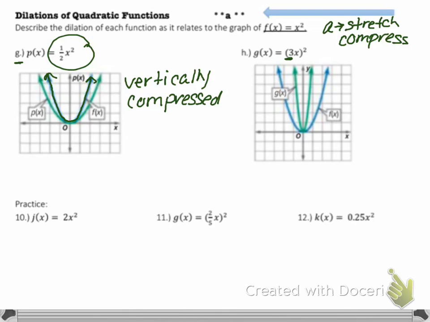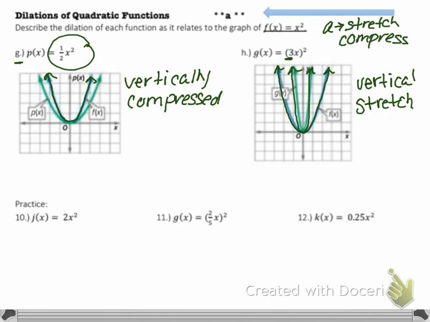And so when comparing it to the parent function right here, that's the one that says f of x, my g of x, notice how I got really skinny, okay? And so that is a vertical stretch. And you know, that makes sense because I'm going to be multiplying, like if I plug in 1 for x, okay, and I multiply it by 3 and then I square that, that's going to give me 9. So that just escalated real quick, okay?